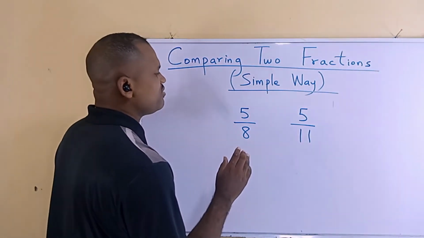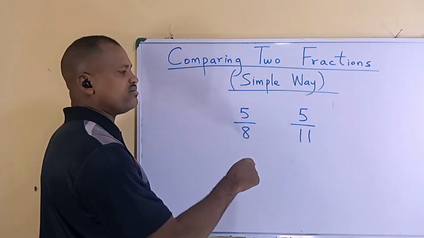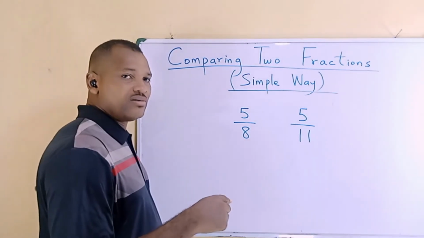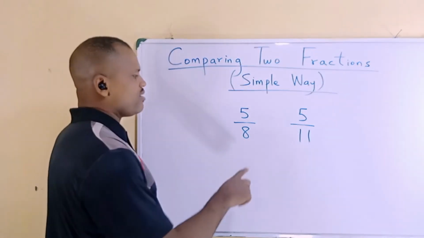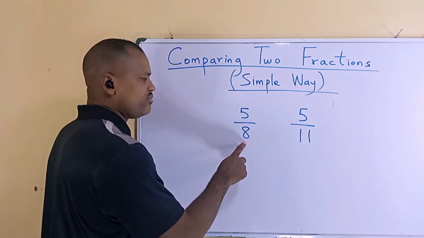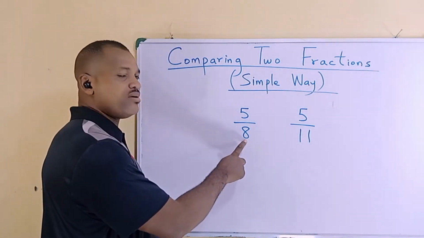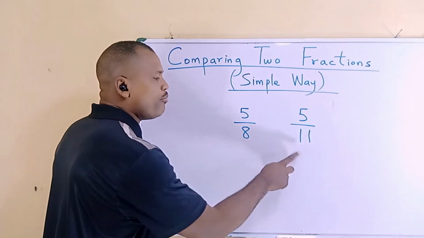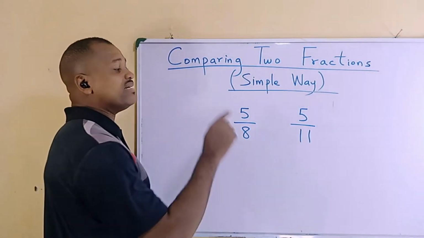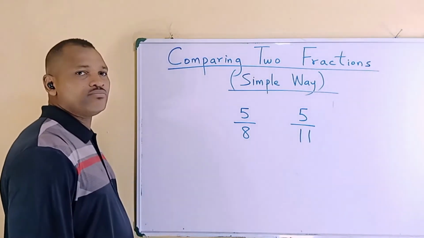Now, in this case, the reverse is the case. The fraction that has the smaller bottom number is the greater fraction.